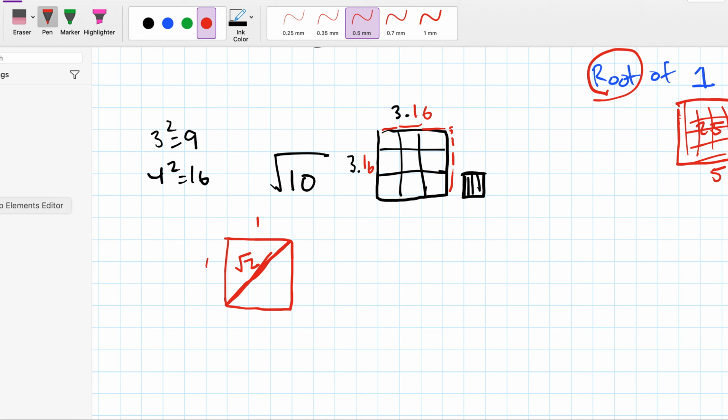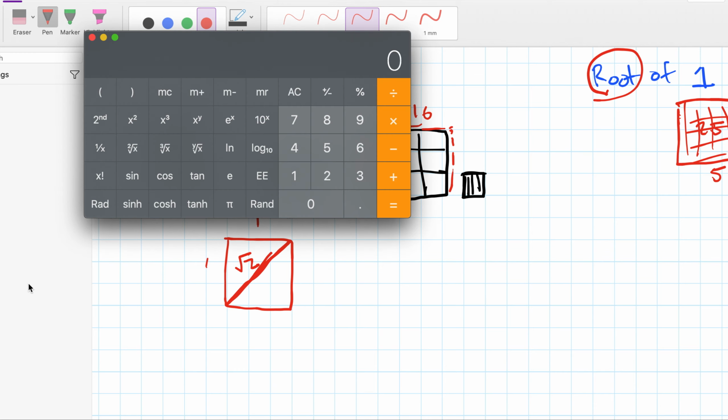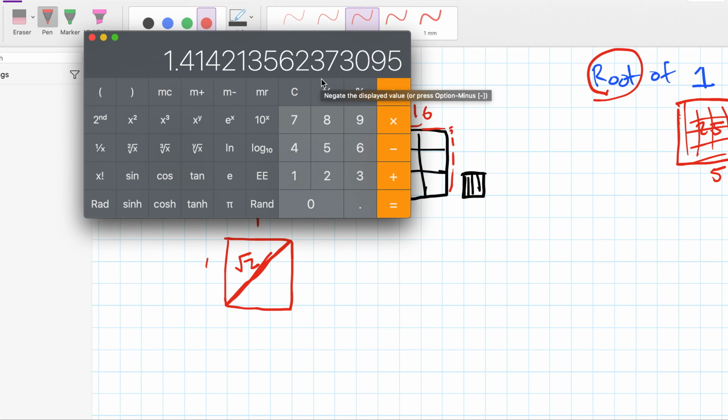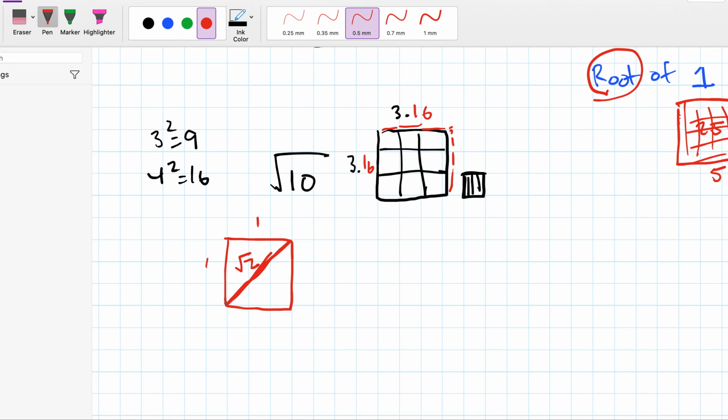So we know it's going to be a 1 by 1, and there's going to be a little bit left over. So it's 1.414213562373095, and then it keeps going forever. This shape is cutting an amount that will never be a perfect amount you can really cut.